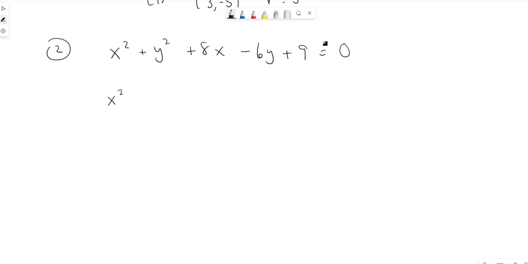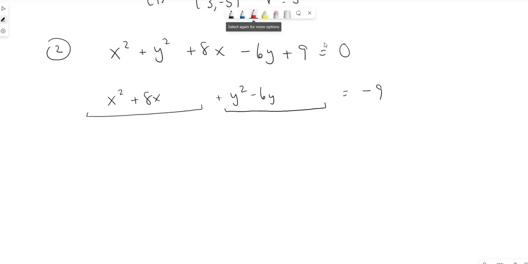So I've got an x squared plus an 8x, and I'll leave a little space here. Then I'm going to put a y squared minus 6y, leave a little space. And that 9, I'm going to throw over on the other side. So x squared plus 8x, y squared minus 6y. Subtract the 9 from both sides. This is starting to look a little better.